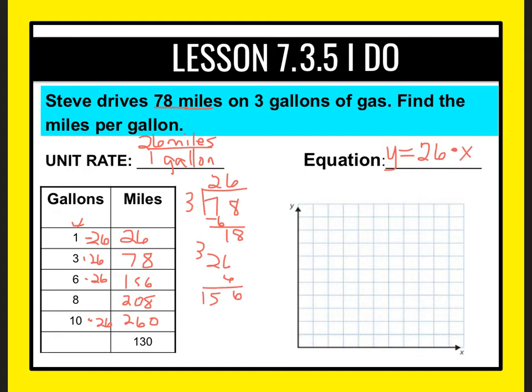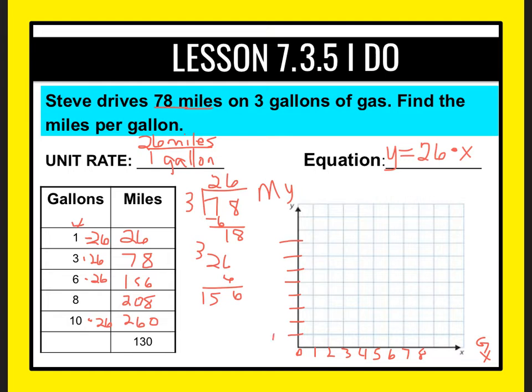Okay? So if I take the time to graph this as well, I know I have gallons here and miles on my y-axis, and I can go ahead and choose an interval of 1 here if I wanted to graph a little bit of the ordered pairs on my table. So if I want to do this, I'm going to skip count by, let me go by tens.